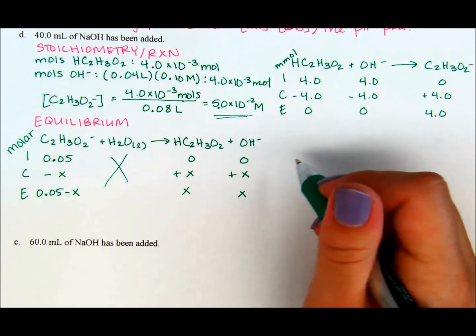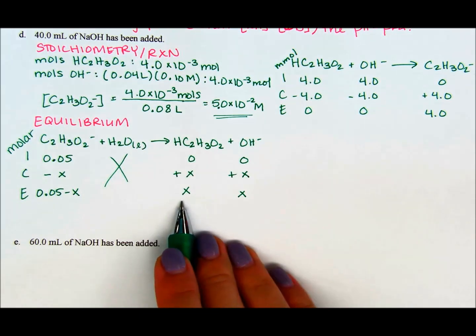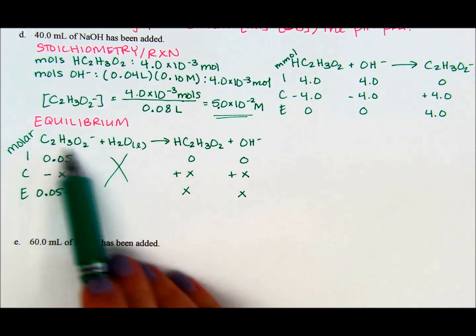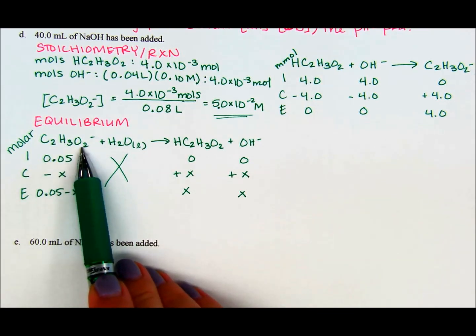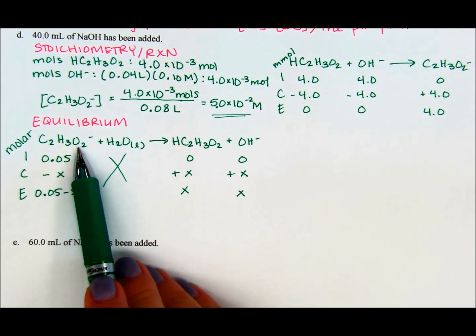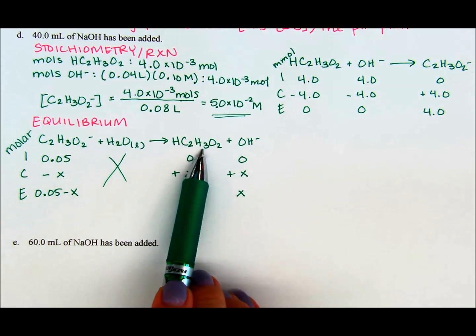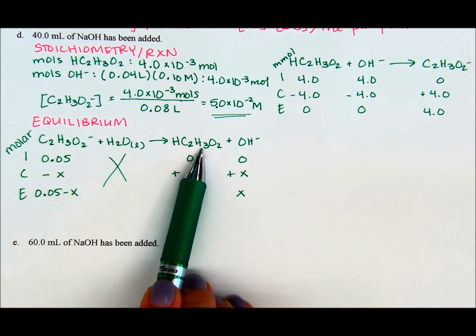Okay, so now we need to figure out what this x is. And we're going to do it the same way we always have. Remember the K expression. Since our reactant here is the conjugate base, and it's acting like a base because it's accepting a proton from the hydrogen there, we need to use Kb. We only have the Ka of the acid, so we need to figure out what Kb is first.